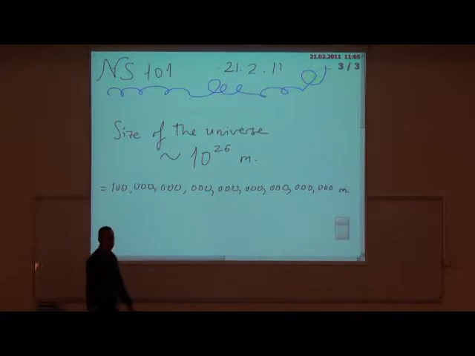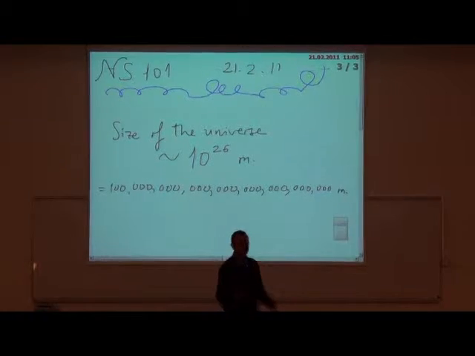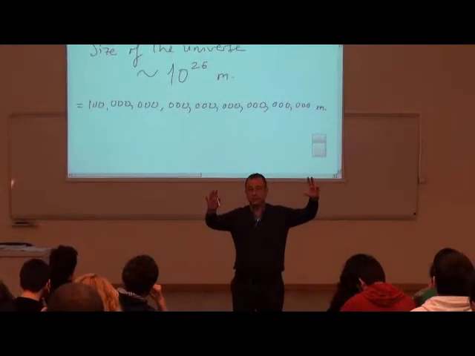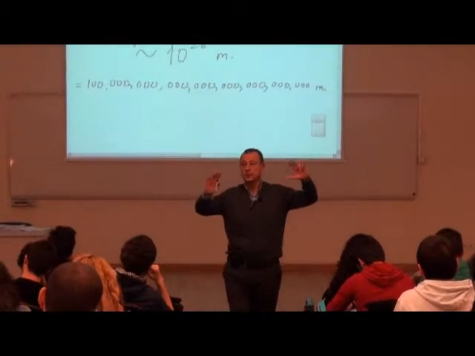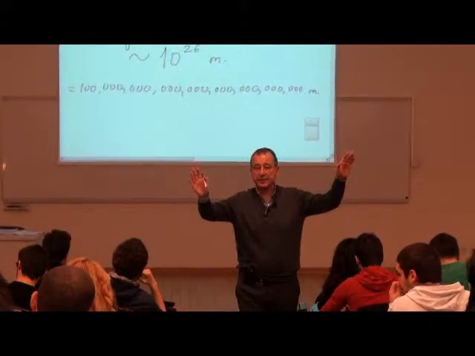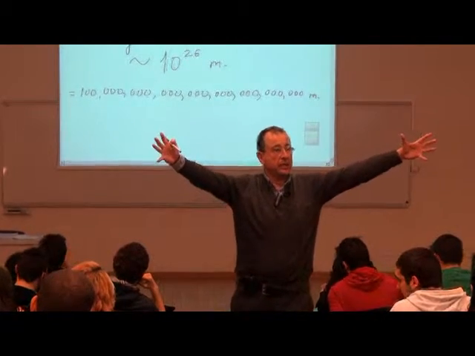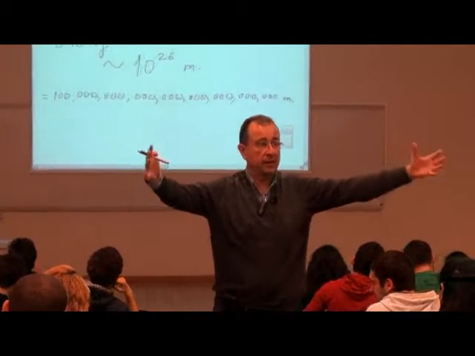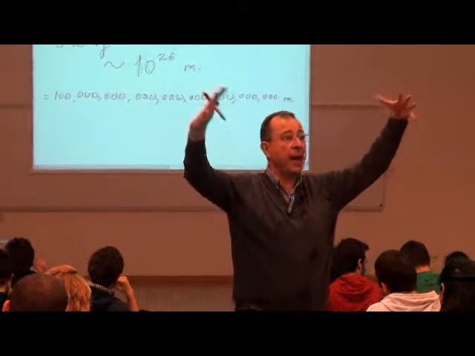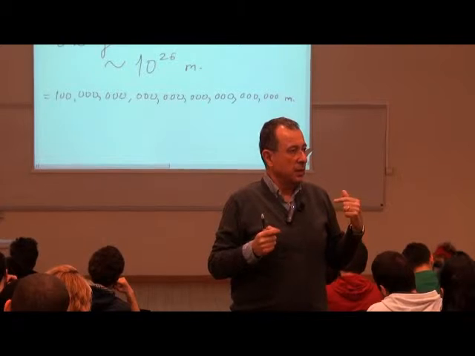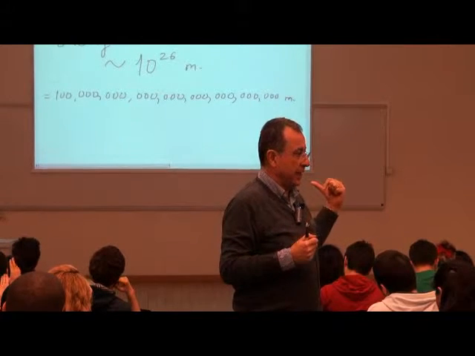The size of the universe, according to the latest measurements of far galaxies and how the universe is expanding, becoming larger, etc., according to how the whole universe is expanding, scientists derive this kind of size.